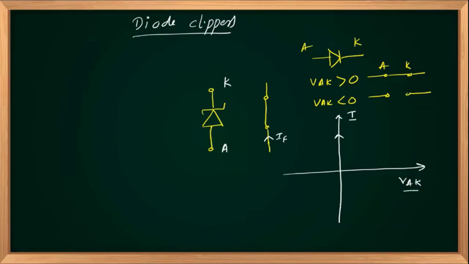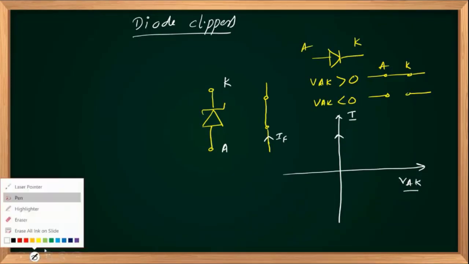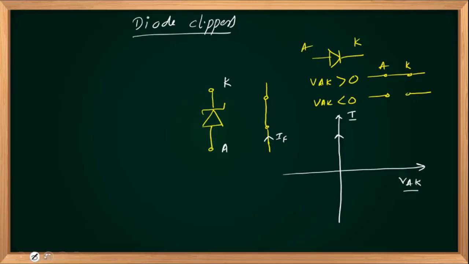When VAK is positive, the current is maximum, so we'll have an up arrow here. And if VAK is just positive, just greater than 0 volts, since it is acting as a short circuit between anode and cathode, the anode to cathode voltage will be always 0. So the current curve remains on the y-axis, and the forward voltage drop is always 0.